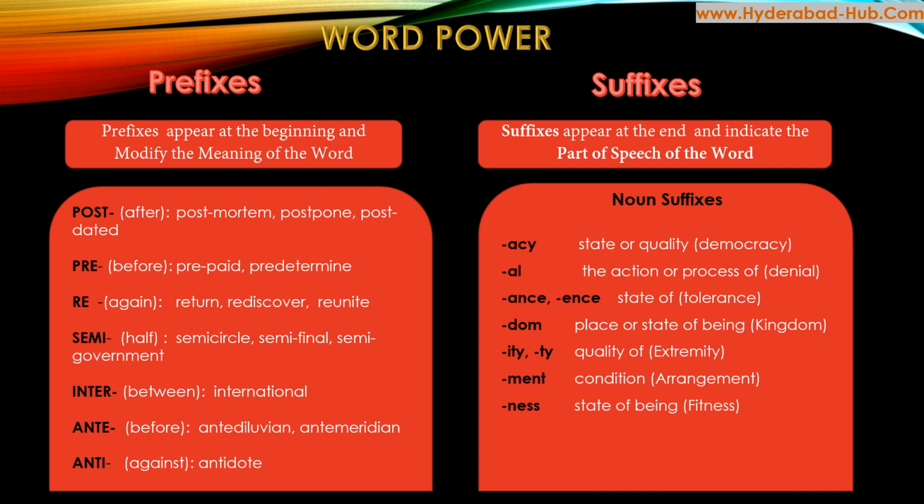Meaning state of being. Example: fitness. SHIP. Meaning position. Example: relationship. SION, TION. Meaning state of being. Example: cohesion.